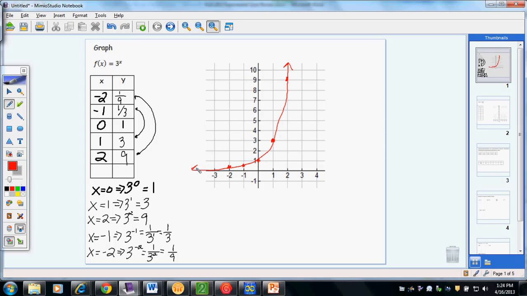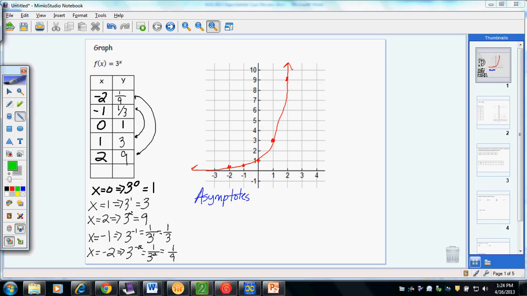Okay? Now again, we talked about asymptotes. Okay? And this is the line that our exponential function is going to grow closer and closer to, but is never going to actually get to.